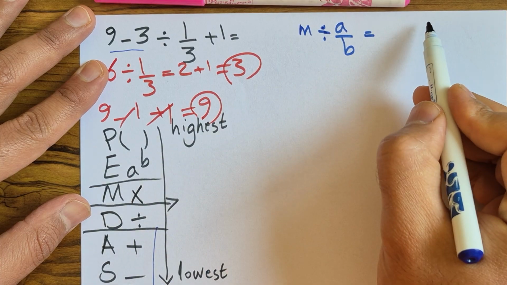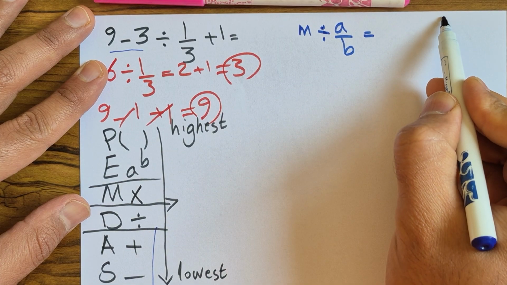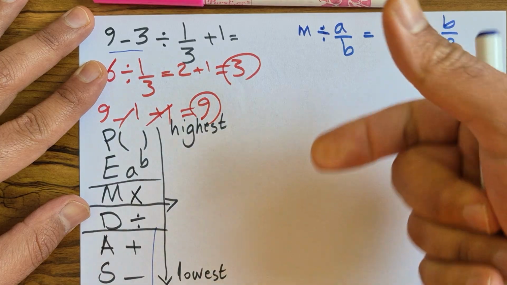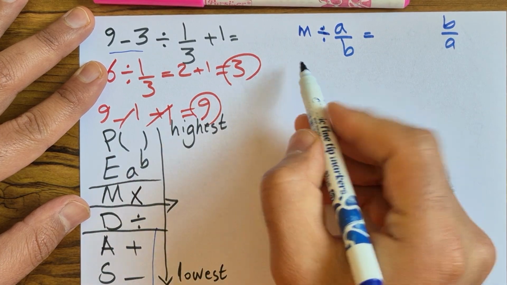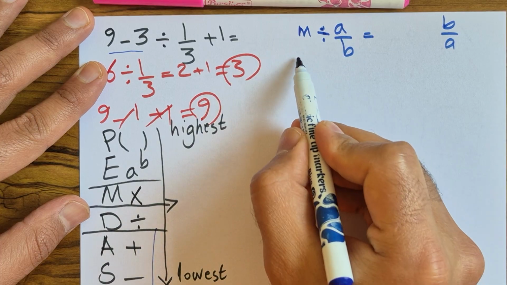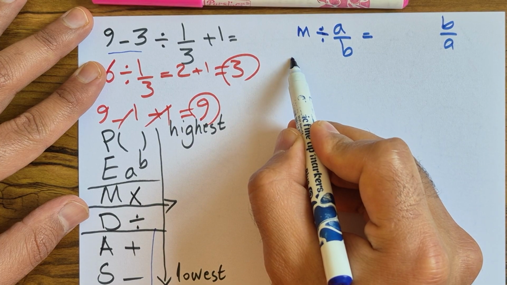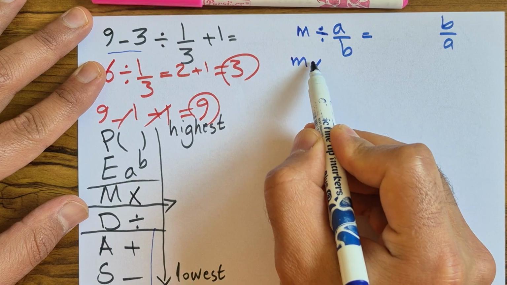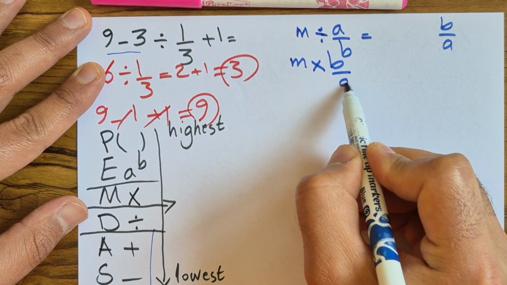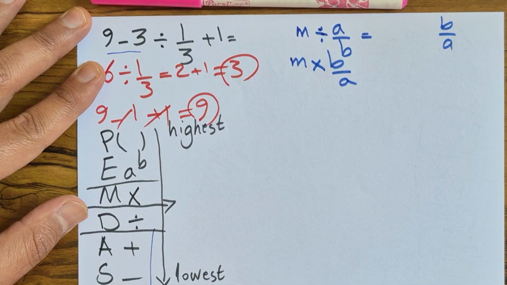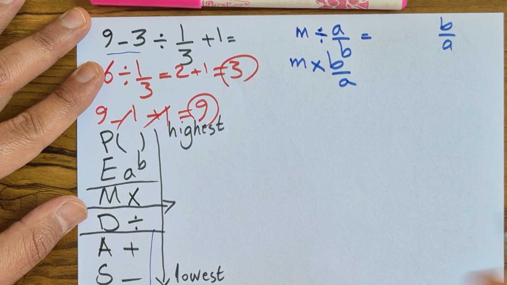So the reciprocal of a over b is b over a. Just swap the top and the bottom. So m divided by a over b is the same thing as m multiplied by b over a, which is the reciprocal. And the rest is obviously easy.